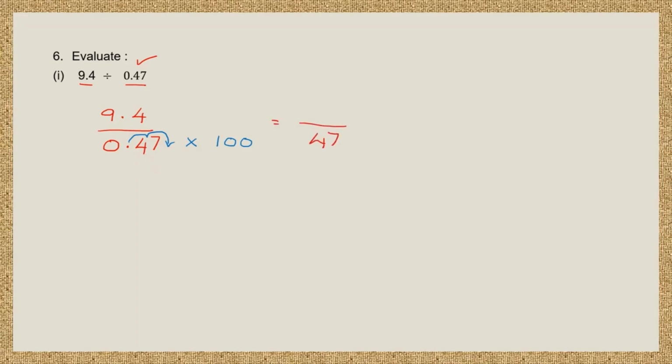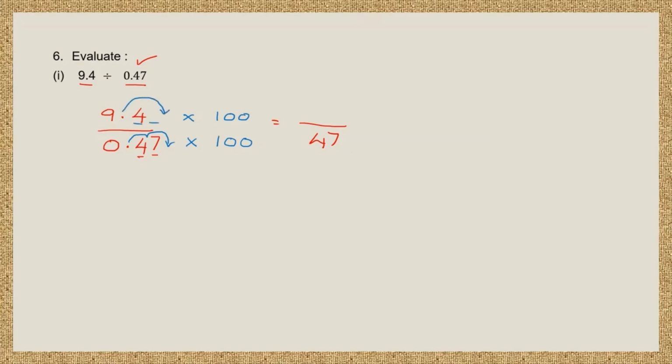So 0.47, because there are 2 decimal places, I'm multiplying it by 100. The point goes and becomes 47. But I must remember, when I multiply the denominator, I need to multiply the numerator too, again by 100. So the point will again move 2 places to the right and come here.